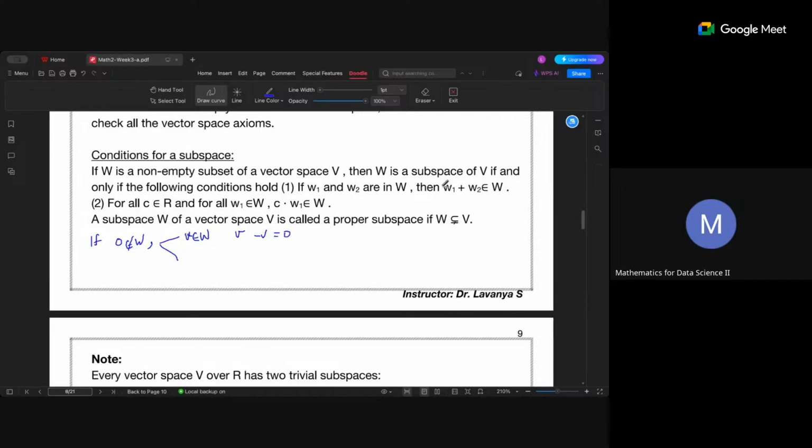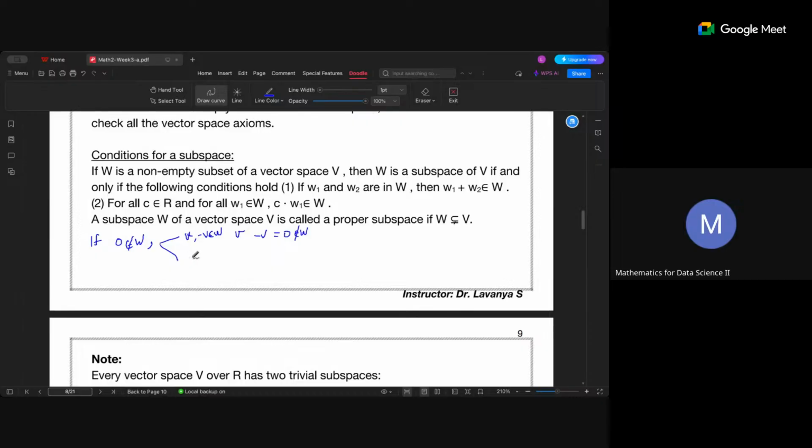Yes, ma'am. But if it is equal to 0, then it should belong to W, and already 0 is not there in W. I'm taking these two vectors v and minus v from W. Then you see this property fails.